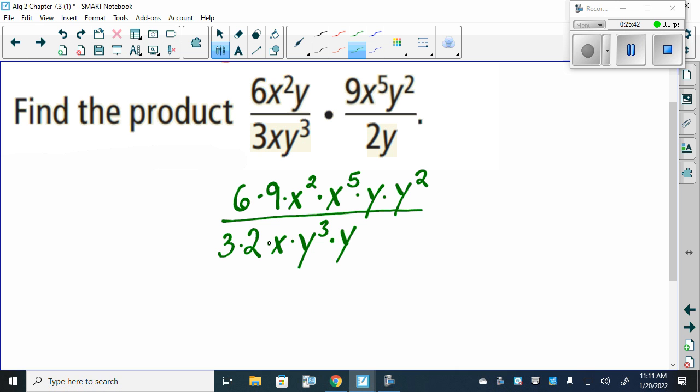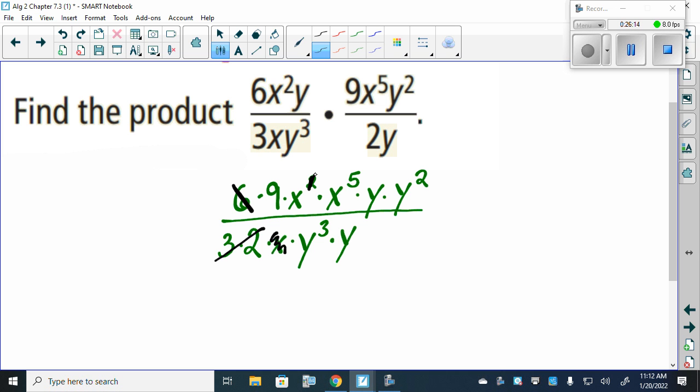Now, really, if we wanted to here, you don't have to write this down because I'm going to end up erasing it. We could, if we wanted to, go on and start simplifying here. Because what is 3 times 2 on bottom? 6. So realistically, this and this here would cancel out. Well, one of these x's here would cancel out with one of those there, really just making it x to the 1st.